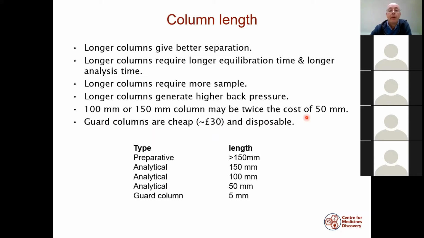So these long 100 millimeter or 150 millimeter columns may cost twice as much as a shorter column. The guard columns, I'll explain what these are for in a minute, but these are very cheap, and you regard these as disposable. But columns in general are considered a consumable. And these are an example of different lengths. This would be a short column, this would be a guard column, and then there are different lengths of analytical column.